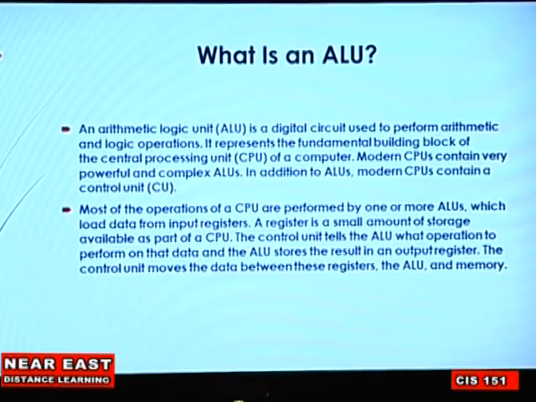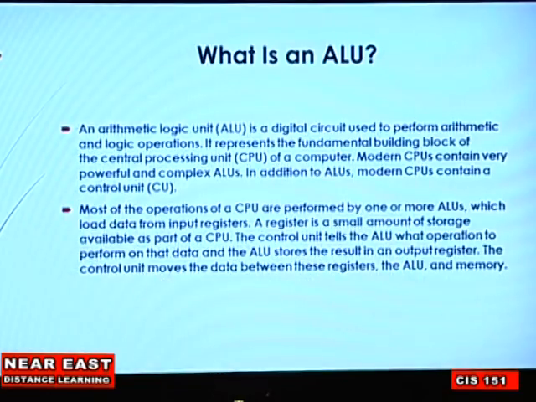The control unit tells the ALU what operation to perform and on what data, and the ALU stores the result in the output register. So there is an output register as well that stores the data, or gives you the result. The control unit moves the data between these registers, the ALU and the memory.